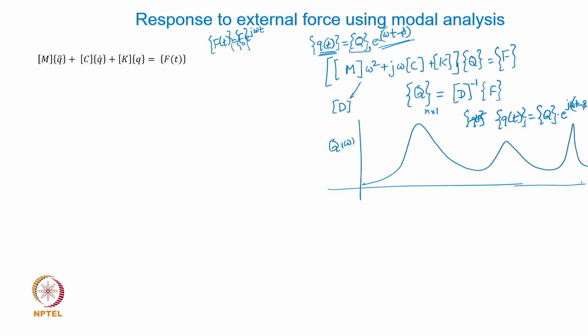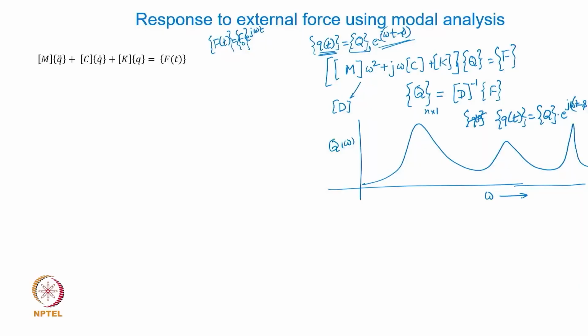So, for an n degree of freedom system, I will have many resonances at all frequencies. What this is going to give me is, for a particular frequency of excitation, what is the q value. For some other frequency I will get another one.